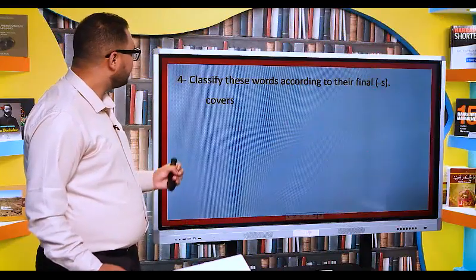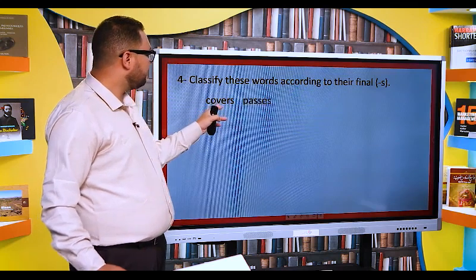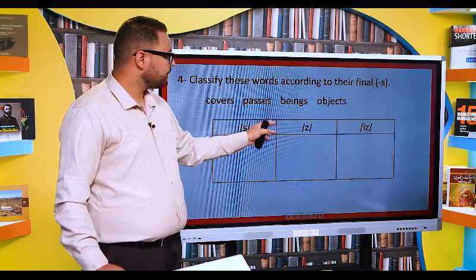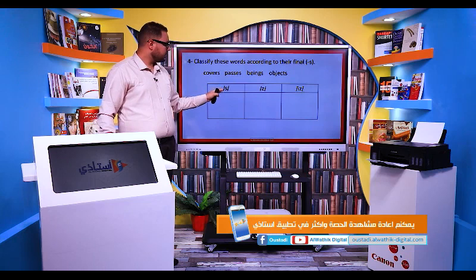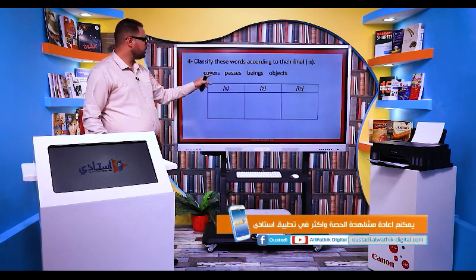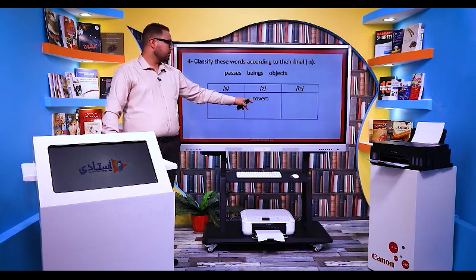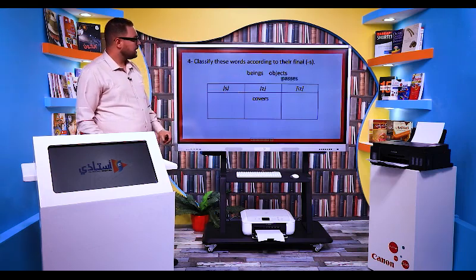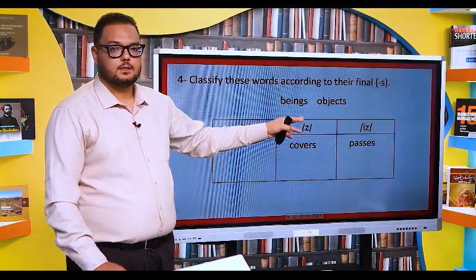Number 4, classify the words according to their final S. We have four words to classify in the table according to the final S. We have the sounds S, Z and "iz". The first one is classified here, so we say "covers", and the second one classified in the third column, so it is "passes".